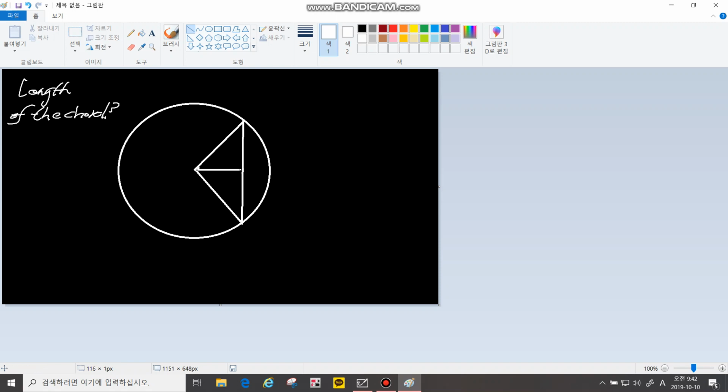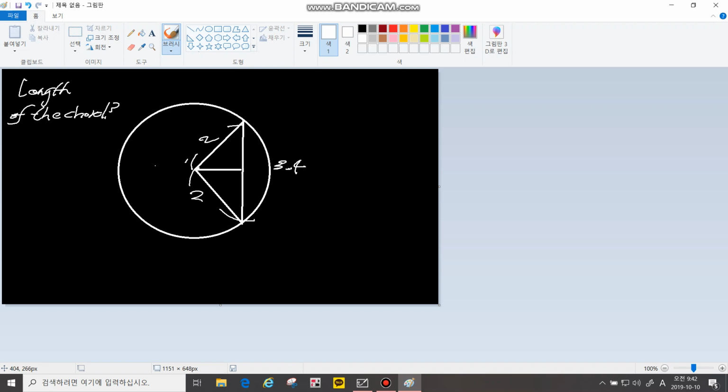And then what is given is this. The radius here is 2. And then the length of the arc here is 3.4. Not the chord, the arc. The length of the arc is 3.4.